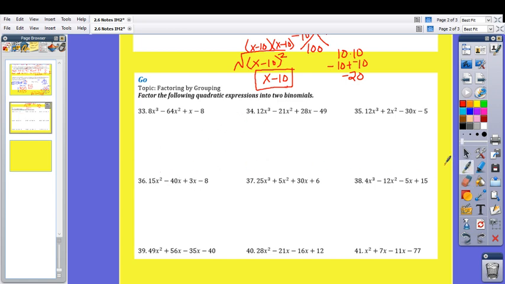This is how we will be doing it. We will be keeping these two together and keeping these two together.